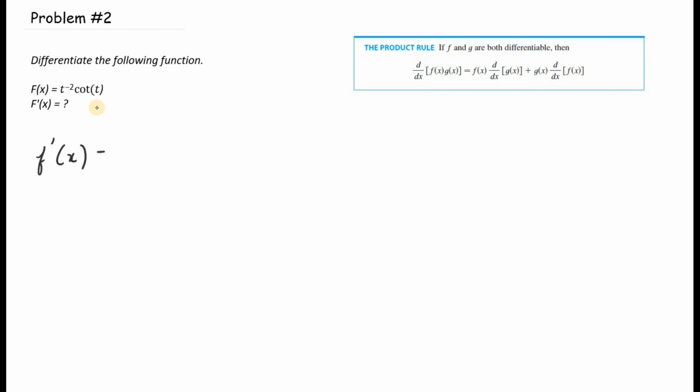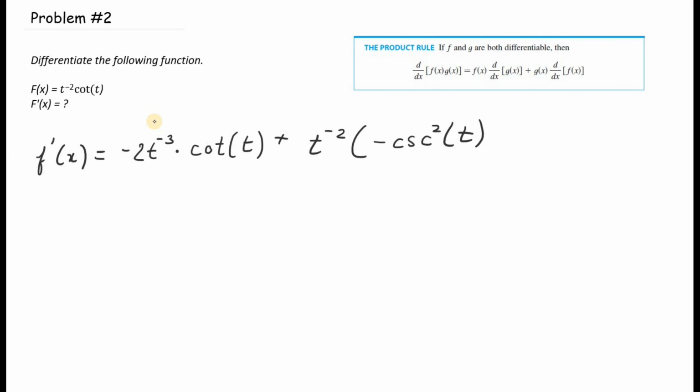So that gives you minus 2t to the minus third times cotangent t plus the first function times the derivative of the second function. So that gives you t to the minus 2 times minus cosecant squared t. And this is just something you have to memorize, all the derivatives of the trig functions.